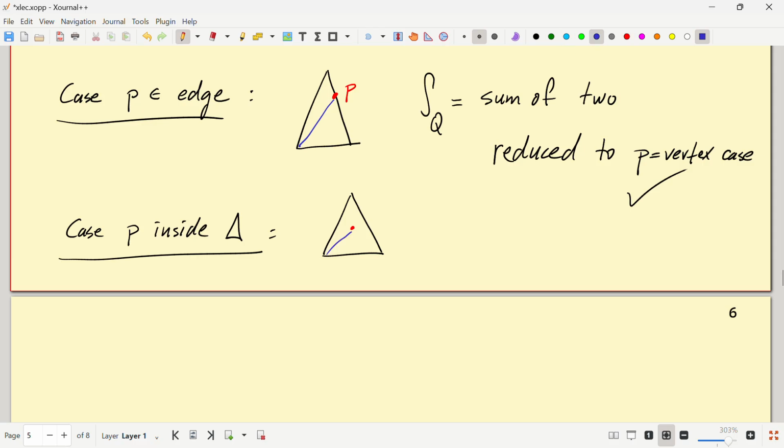I would go like that, and add them up going counterclockwise, and they cancel on the blue stuff, and I'd see that I'd reduced it to the P equal vertex case again. So that's the end of it.